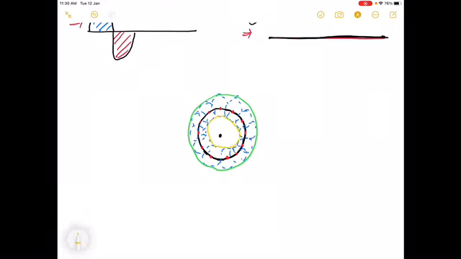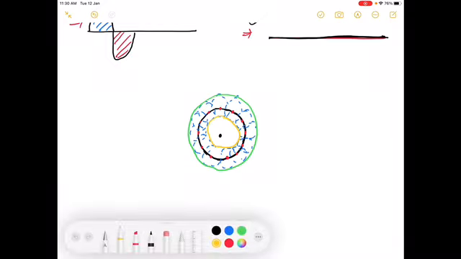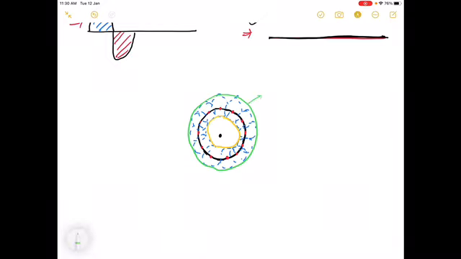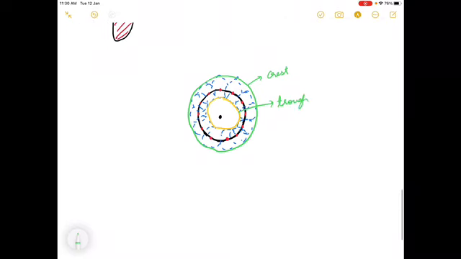When I meet all the tangents in the backward direction, basically you can understand it like this: this is your crest and the back one is your trough. So what does that mean?